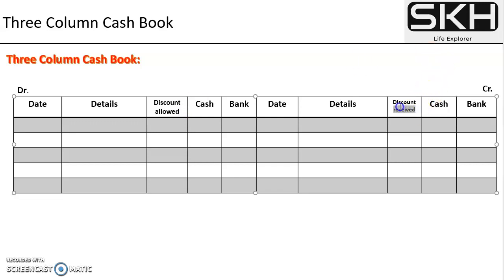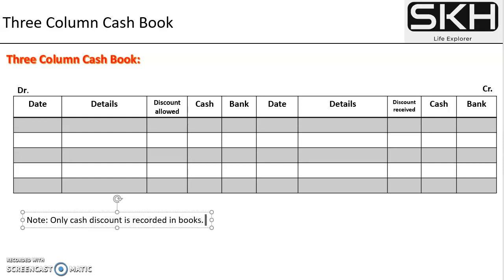And on the credit side we have one additional column as well, which is discount received. Before I start explaining that, you need to remember one thing, that only cash discount is recorded in our books. This is the note. I'll repeat it again: only cash discount is recorded in books.